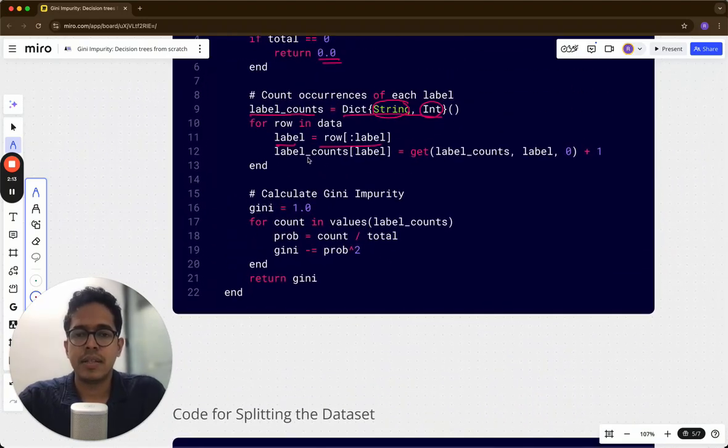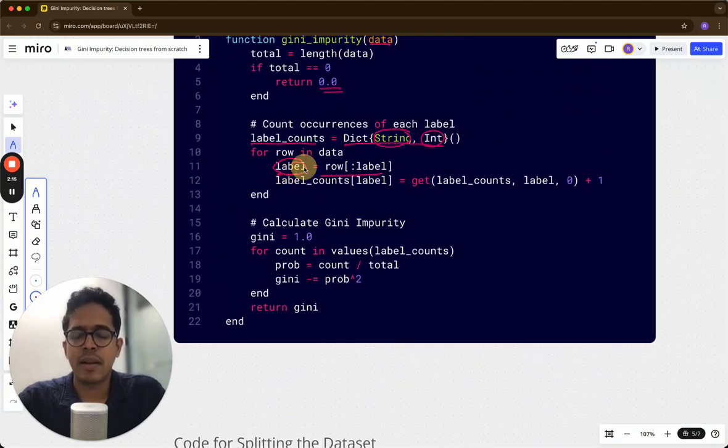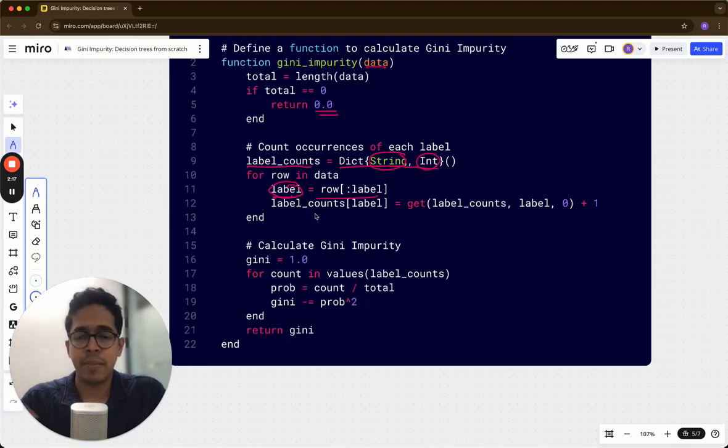So the value of this label variable is either red or blue, depending on the row that we are looking at. Then here we have label counts of label. This label counts is actually this dictionary, which has a string key, which is the label.